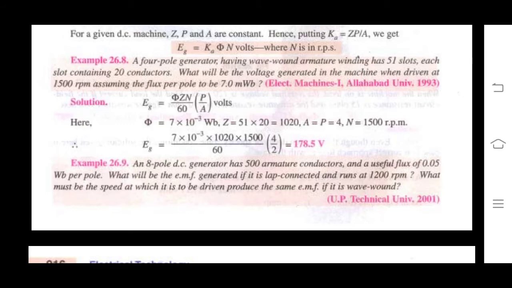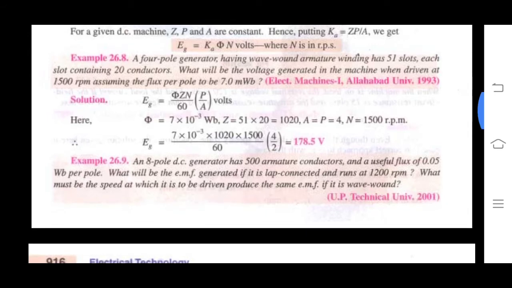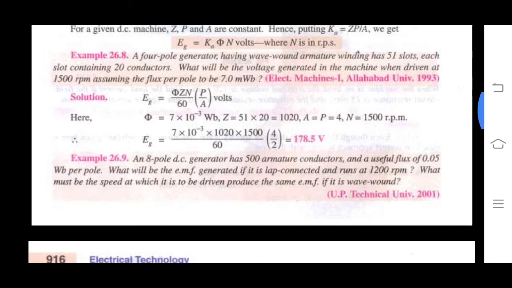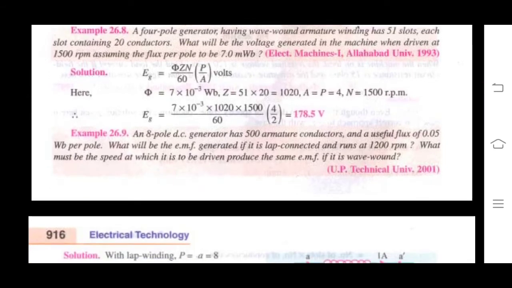What will be the voltage generated in the machine when driven at 1500 rpm, assuming the flux per pole to be 7 milliwebers? E equals ΦZN by 60 into P by A volts.